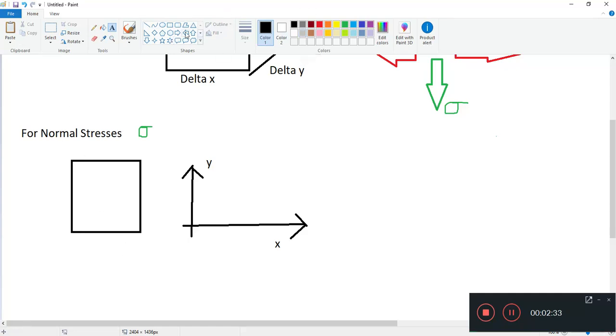And where are the shear stresses positive? Oh, no, they're not shear stresses, normal stresses, sorry. This one is easy to remember. The normal stresses are positive when they're pointing outside the box.